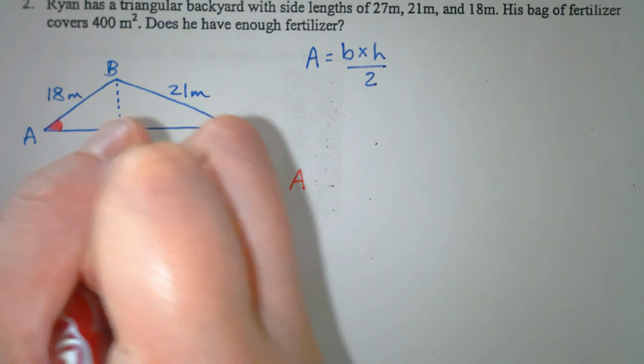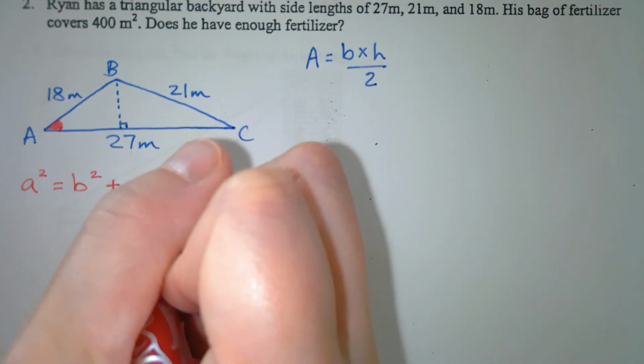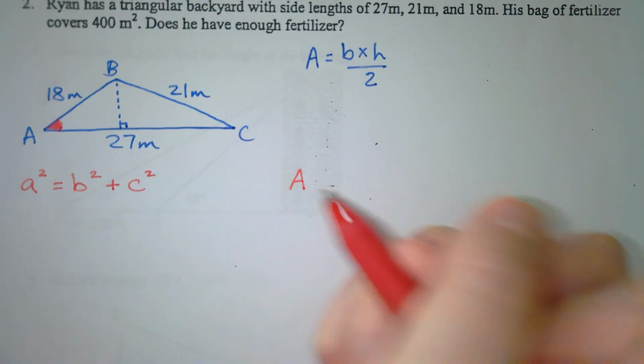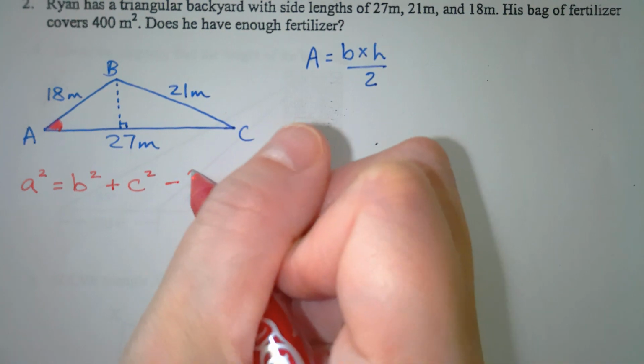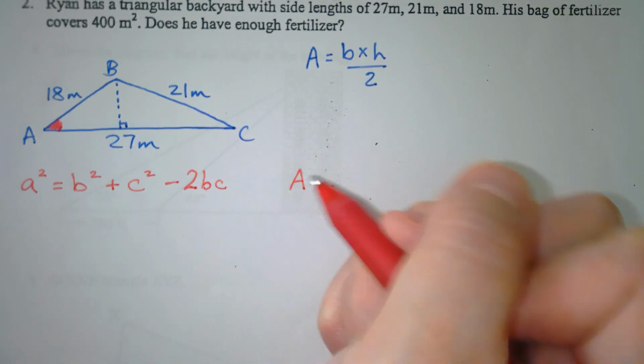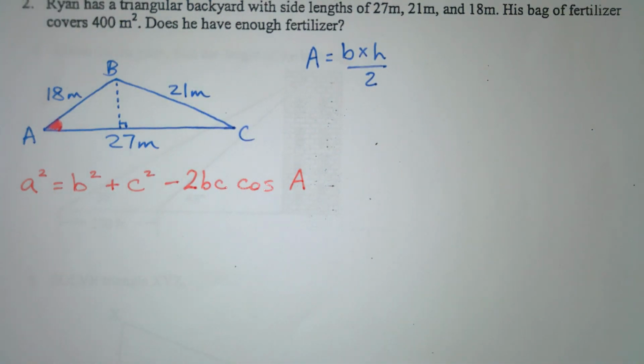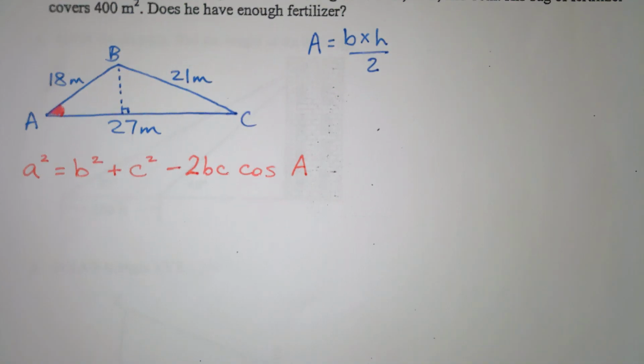A squared equals B squared plus C squared, yep, minus 2BC cosine A. Perfect. Good. Do I know A, B, and C? Yeah, I know all the sides.